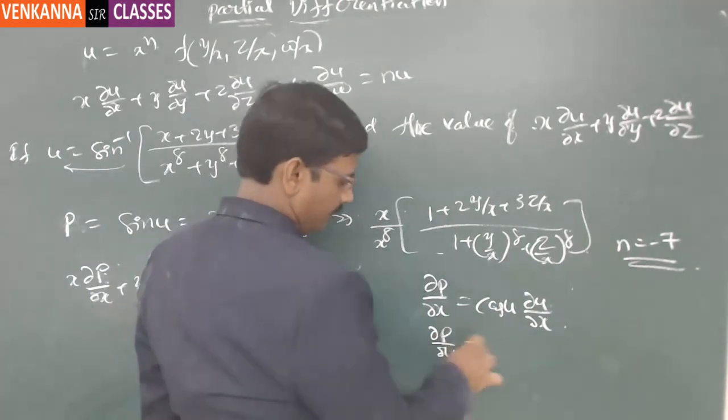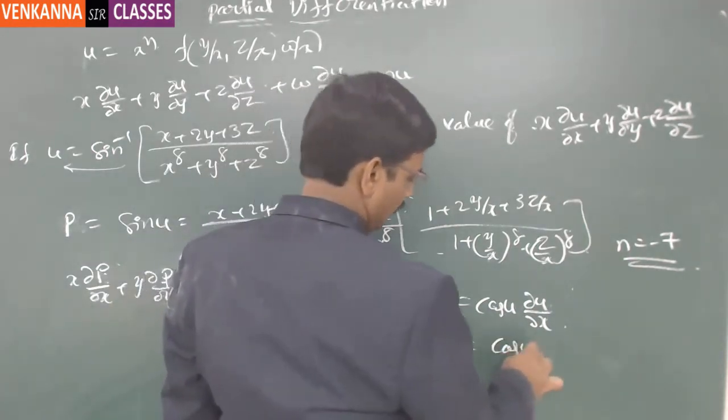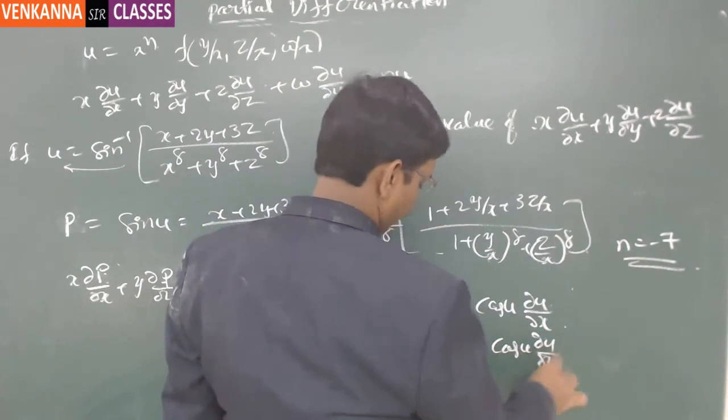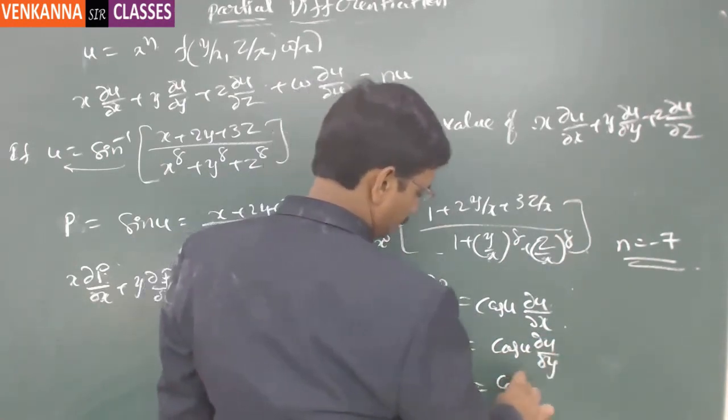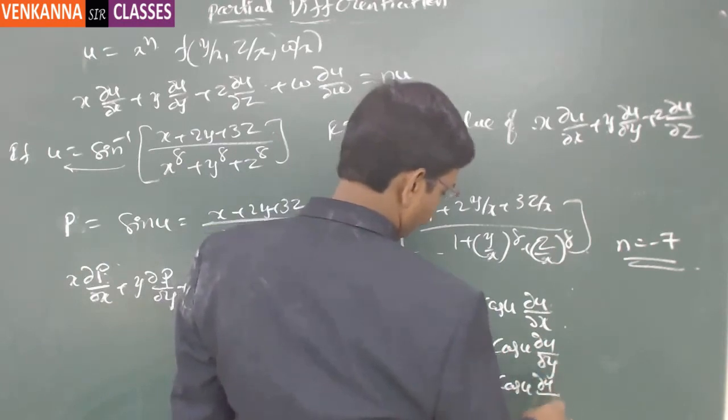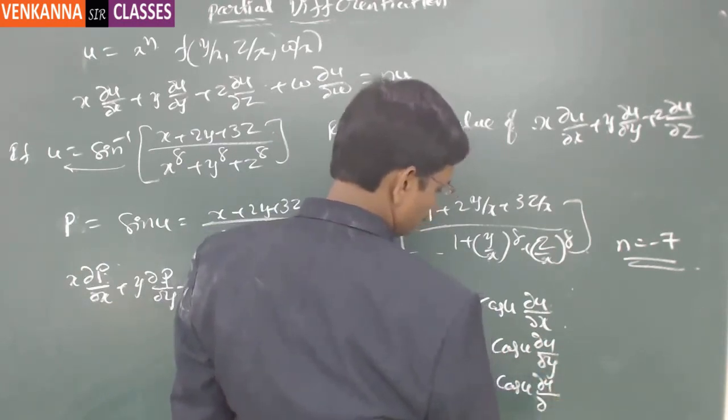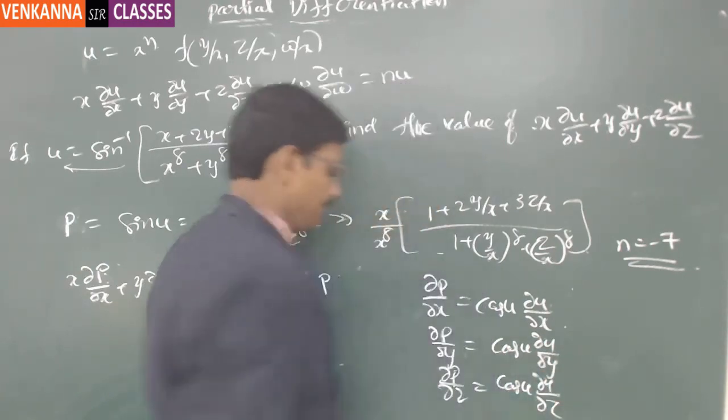Del p by del y, the derivative of sine is cos u del u by del y. Del p by del z is equal to cos u del u by del z.